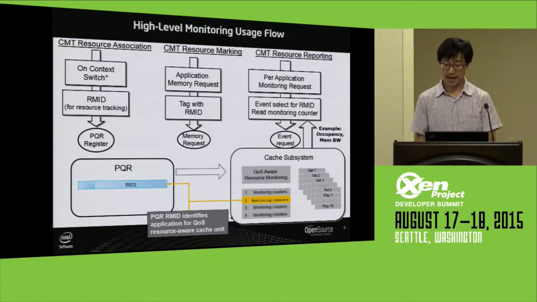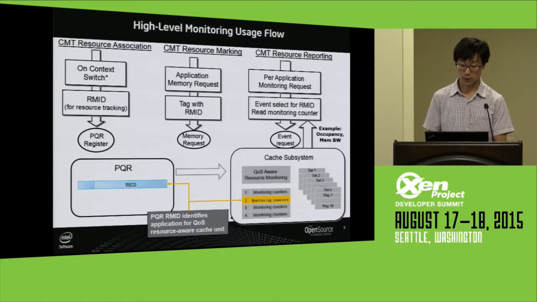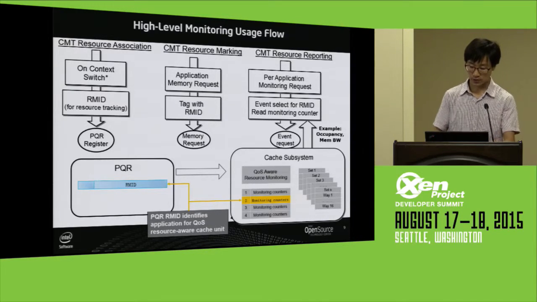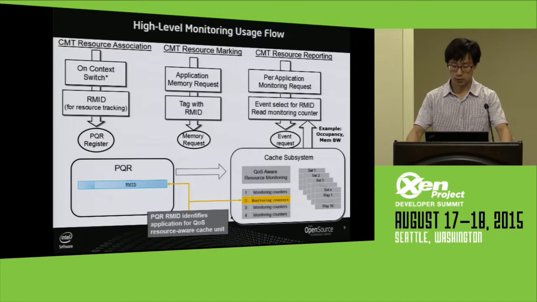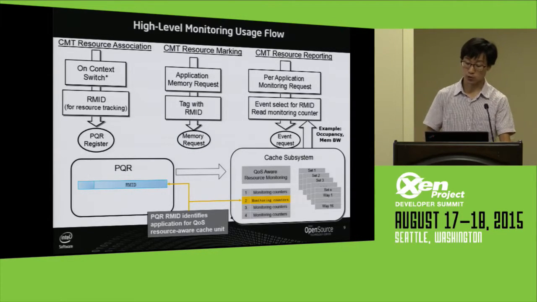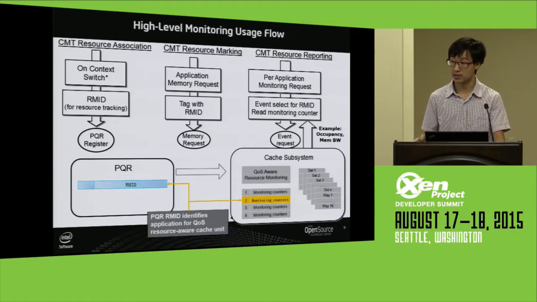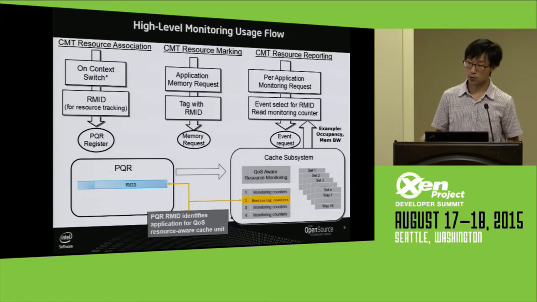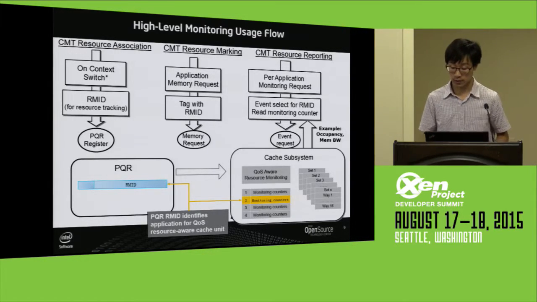But how will the RMID and the CLOS be used? This is the flow for monitoring. First, it's software's responsibility to associate the RMID to the software entity. The software entity here could be an application thread, a group of threads, a vCPU, a CPU for a VM, or whatever else.